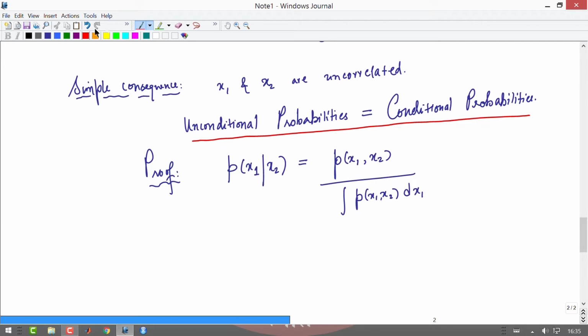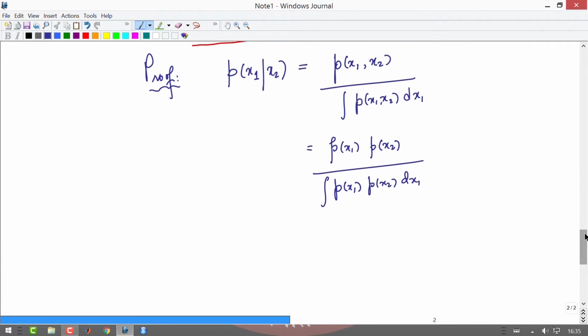now since your variables are completely uncorrelated, I can write down the numerator as product of individual probability densities. Okay, so if the variables are uncorrelated, the joint probability density is simply product of individual probability densities. And by the same logic, I can write down the denominator as p of x1 into p of x2 integration over all values of x1.